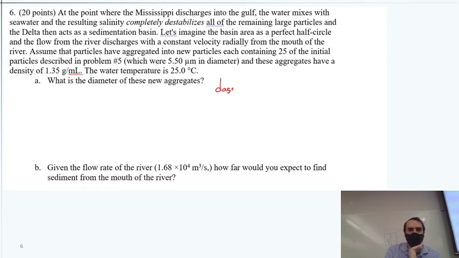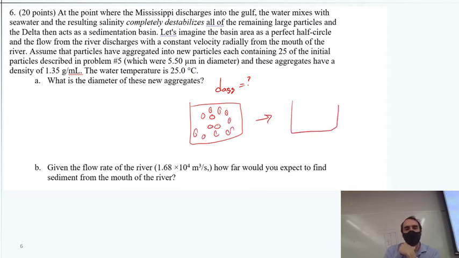So diameter of an aggregate. And we're told that each of the aggregates has 25 of the initial ones. So we know that what doesn't change is the volume, right? So we have these little spheres, in some amount of volume here. We have 25 of these spheres initially, and I'm not going to draw all 25.